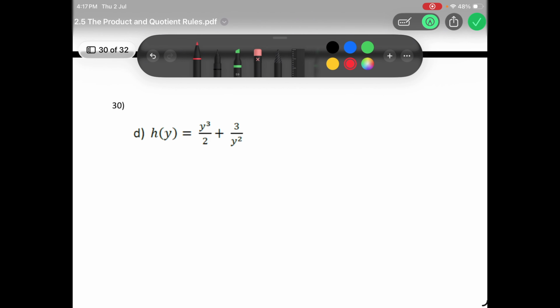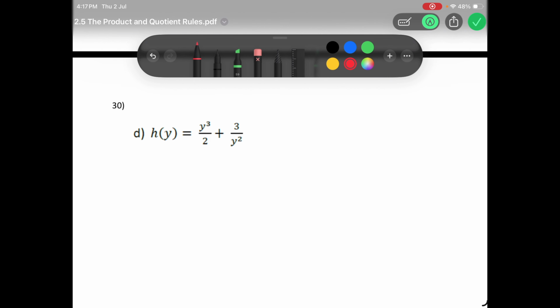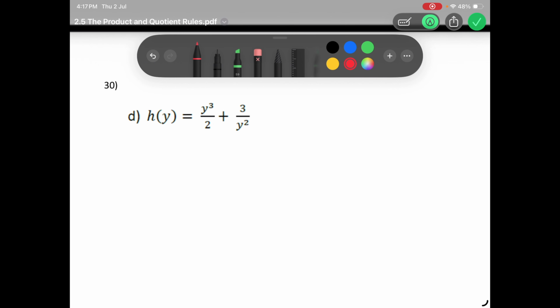Look at this here guys. I have h of y here, y is the independent variable. It means that I will treat y the way we treat x. So what I can do here, I can rewrite this in a more familiar way. So h of y will be 1/2 y to the power 3 plus 3 y to the power minus 2.